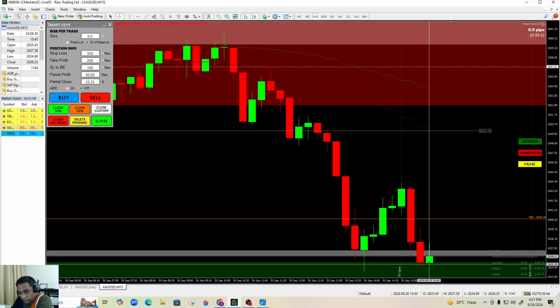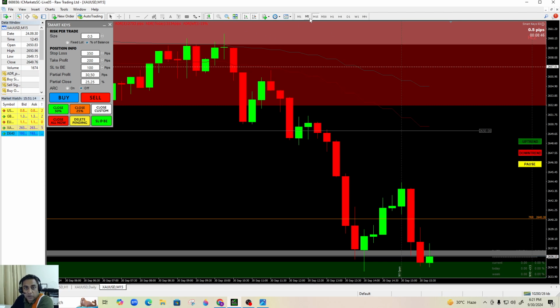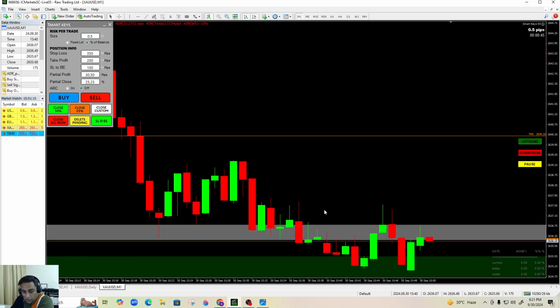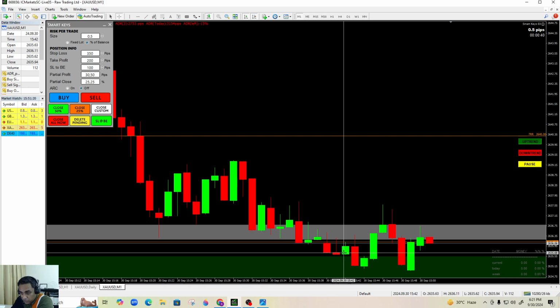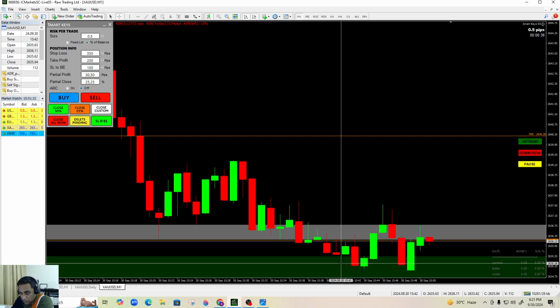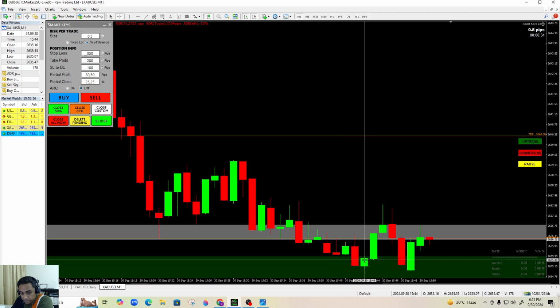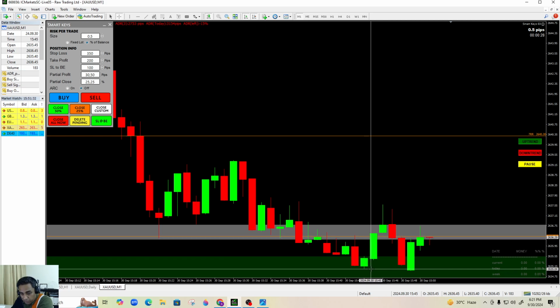This is 1545. This low is 3507. Okay, so this was the previous candle low right here.